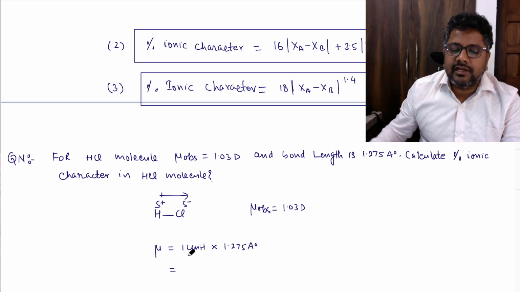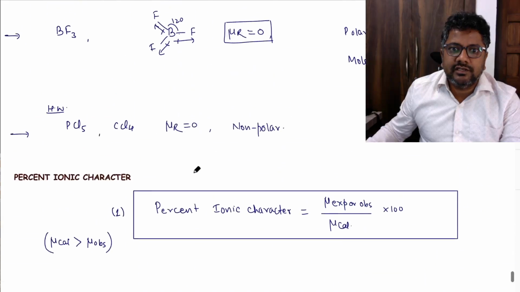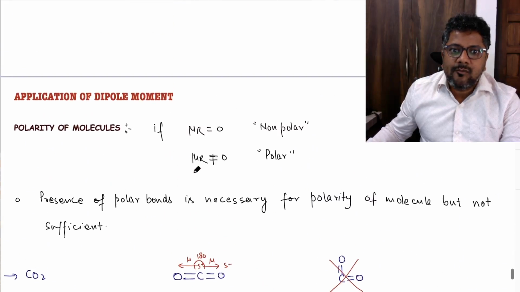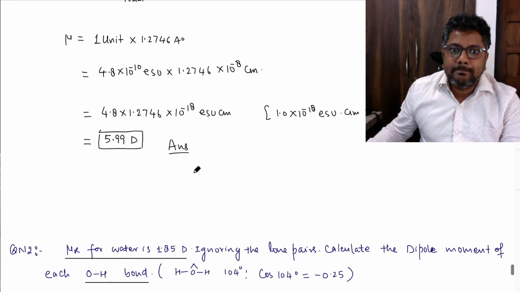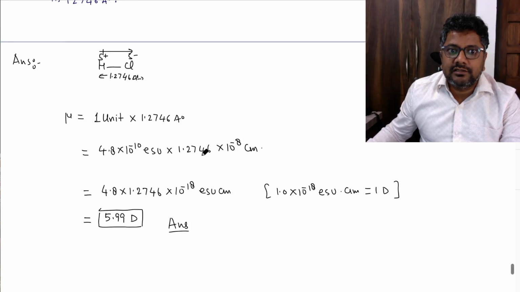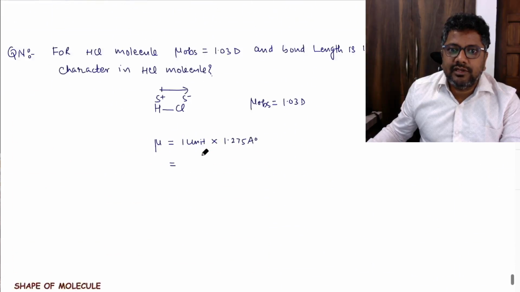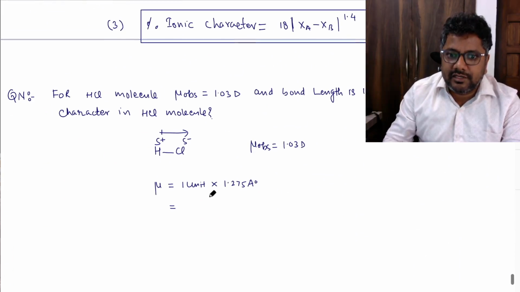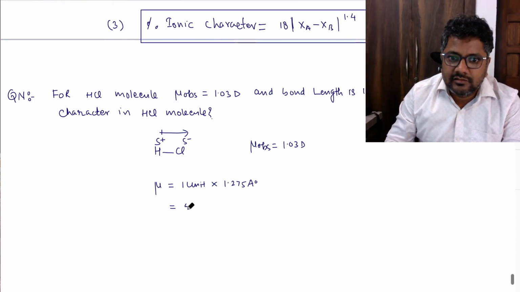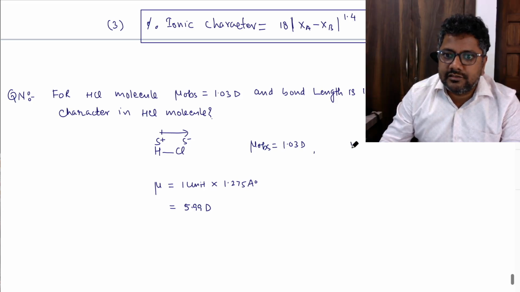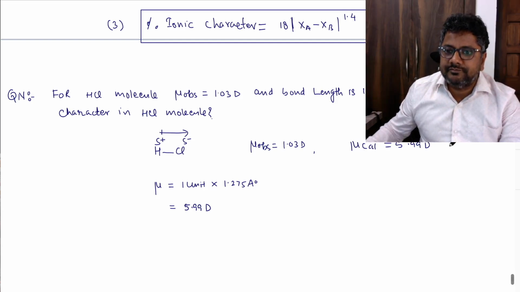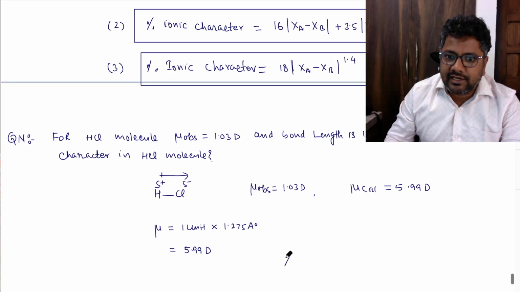So this we have calculated in the previous question. See here, 5.99 Debye, right? So mu calculated is 5.99 Debye.